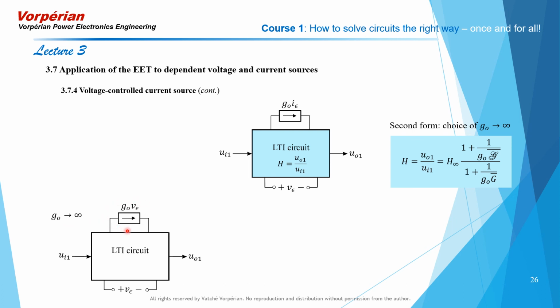Whatever this dependent source depends on, when you let its magnitude go to infinity, then whatever it depends on shrinks to 0. And you compute the transfer function with G0 going to infinity. This is a simpler calculation than this one because it's very similar to ideal op-amp circuit calculations.